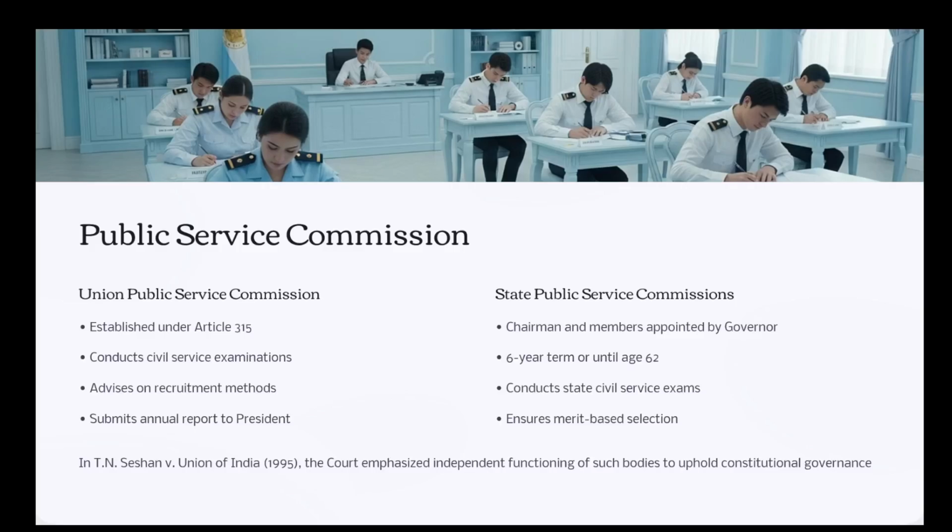So, Public Service Commission. There are two types: Union Public Service Commission and State Public Service Commissions. The Union Public Service Commission, established under Article 315, conducts the civil service examination, advises on recruitment methods, and submits the annual report to the President.